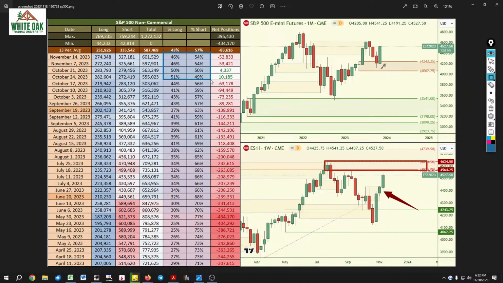Because when we look at long positions, we're not seeing an aggressive increase in long positions from the banks. But we are seeing an increase on the charts from 4,200 to 4,500 right now. So they're neutral. We don't see aggressive buying, and we're coming into a massive supply area. So this is something to be careful with, all right?